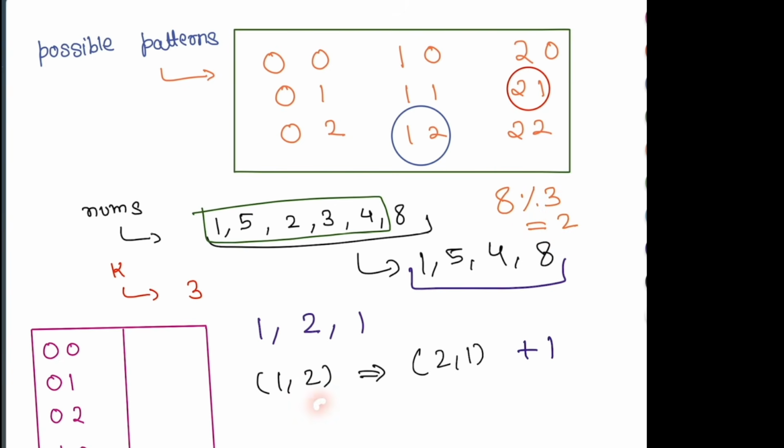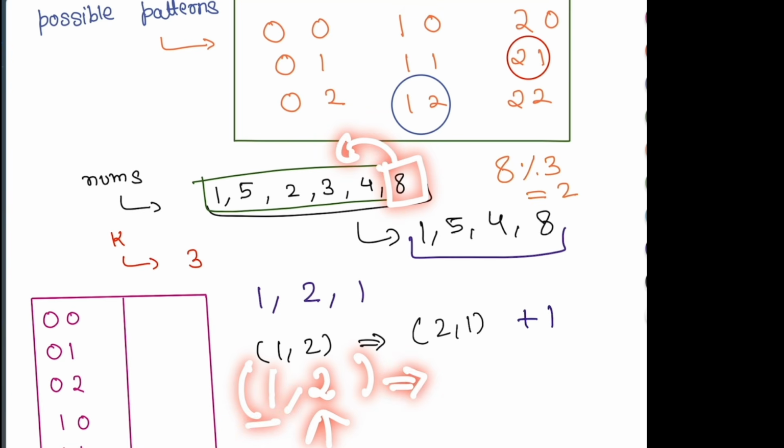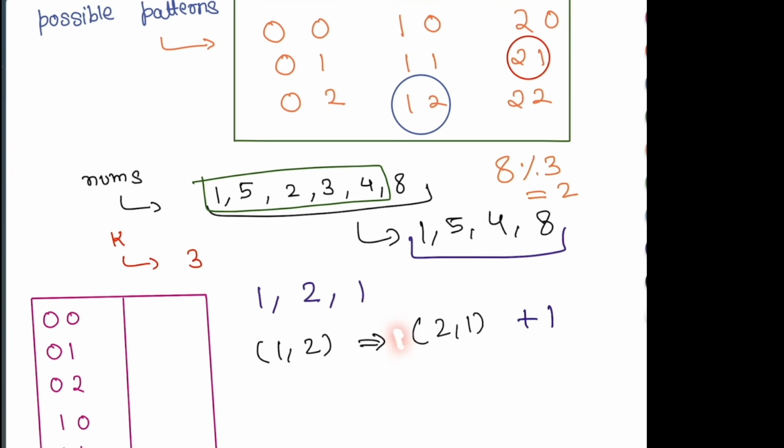Before 8, whatever element we have will have a mod value of 1, so this will be equal to whatever subsequence we have for 2, 1, plus 1 for the new element. So I have to find the length of the pattern for 2, 1 and just add 1 to it.